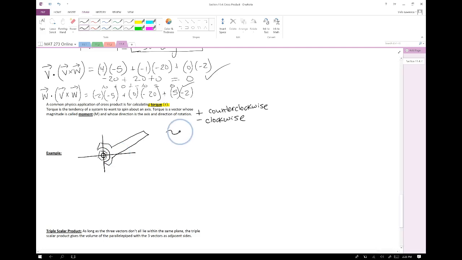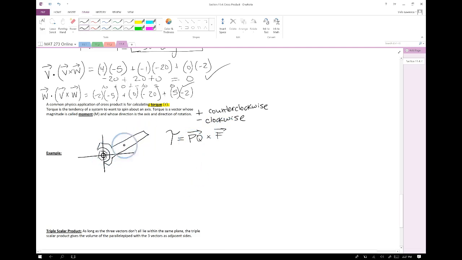So the way that we calculate torque is we do a cross product between a lever arm, which is represented by vector PQ, crossed with a force that we're applying to that lever arm.